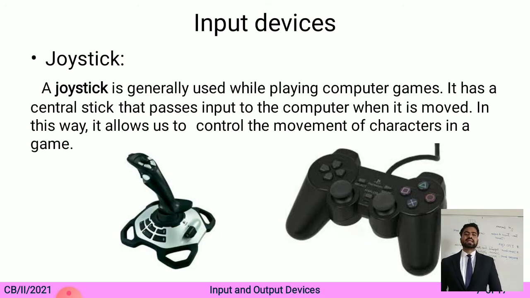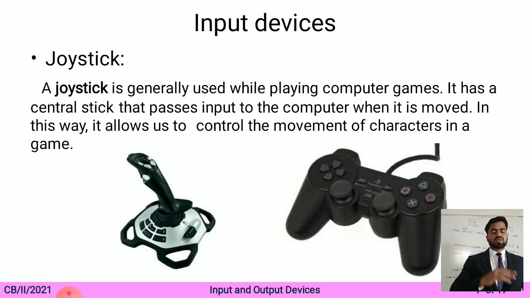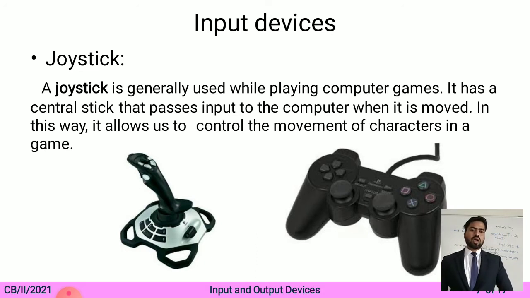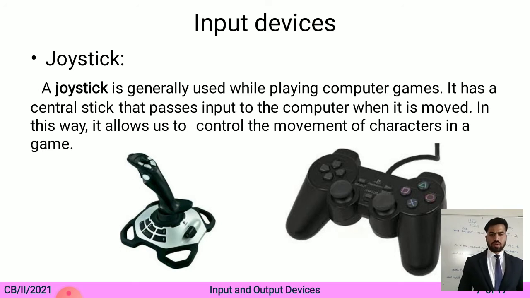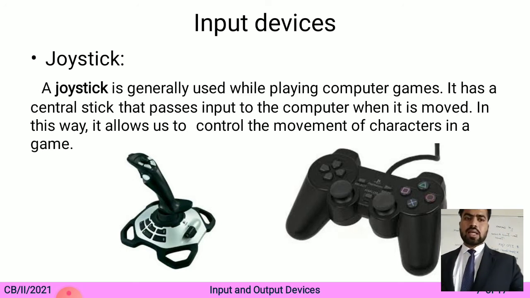It has a central stick that passes input to the computer when it is moved. It allows us to control the movement of the characters in our games. There are a number of games that are controlled with the help of a joystick.